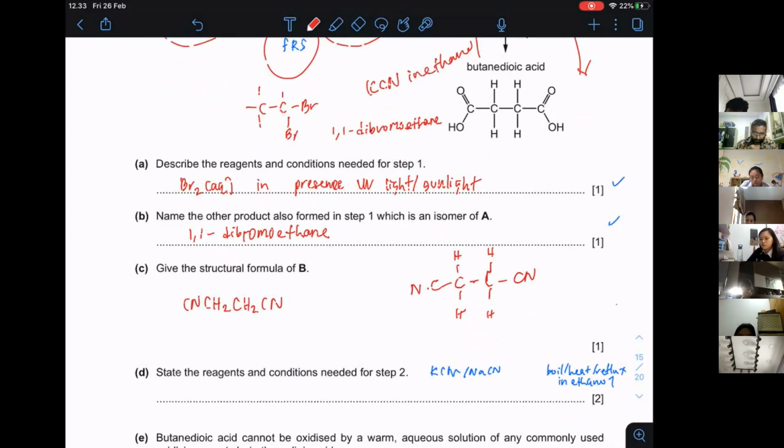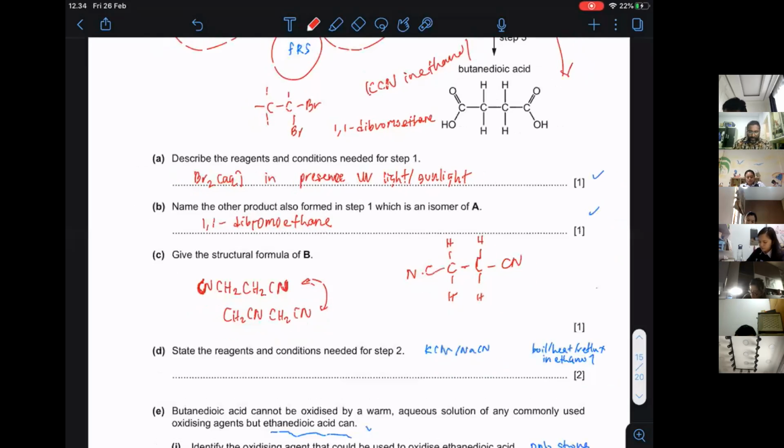Or I think you can also write CH2CN, CH2CN, which is still the same. This one is not in brackets, yes, CN.